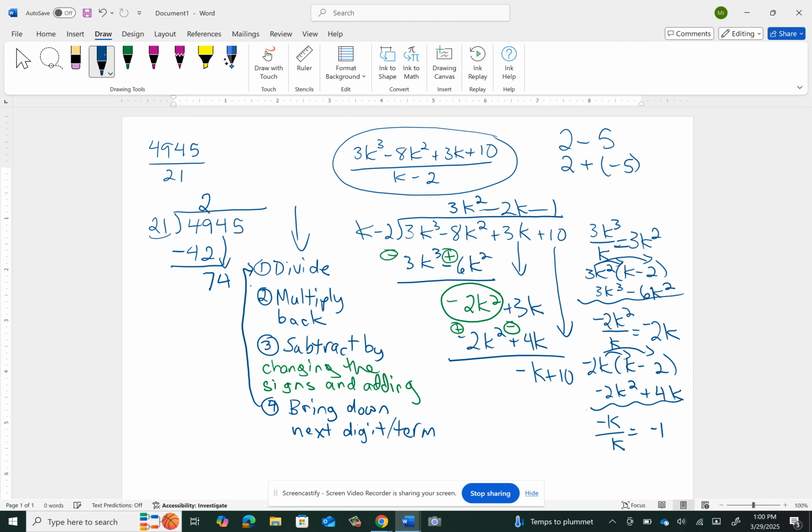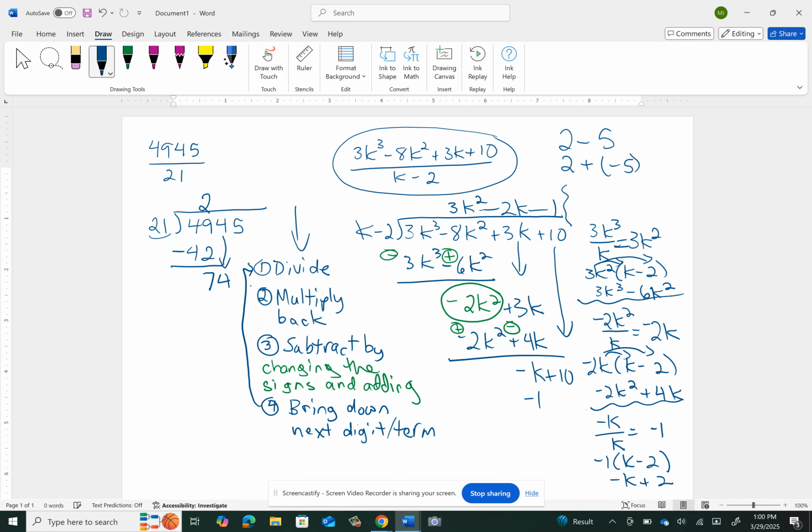Notice it's at the end of the problem. Okay, so that tells me I'm finished. Okay, that'll be the last round I'll have to do. But I need to multiply that negative 1 back by the k minus 2, which will give me a negative k plus 2.